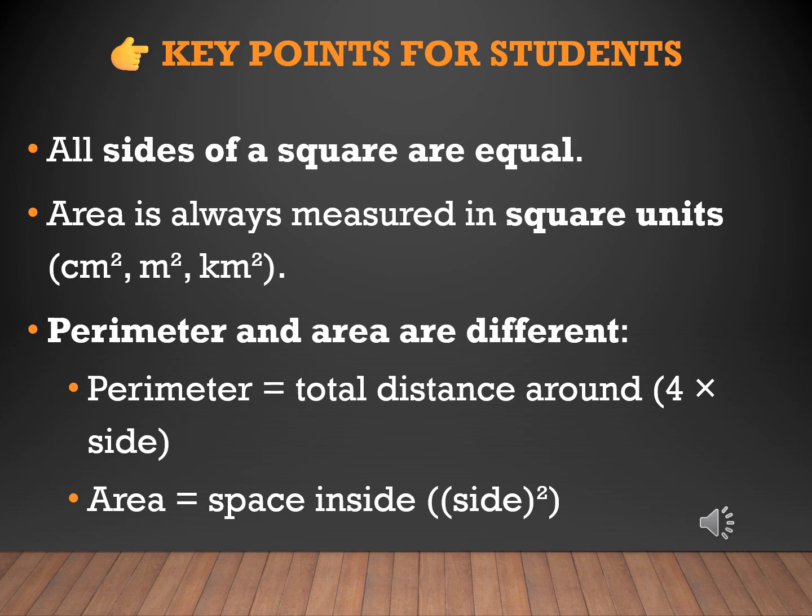All sides of a square are equal. Area is always measured in square units, that is cm², m², km². Perimeter and area are two different things. Perimeter means the total distance around a square, that is 4 × side, and the area of a square is the space inside the square, that is side × side, side squared.